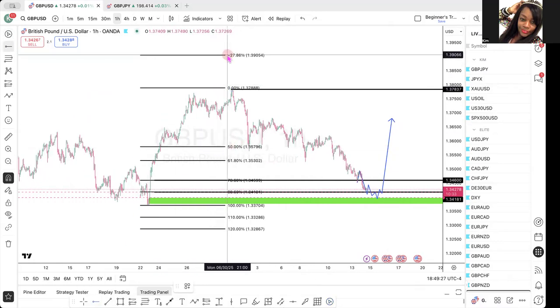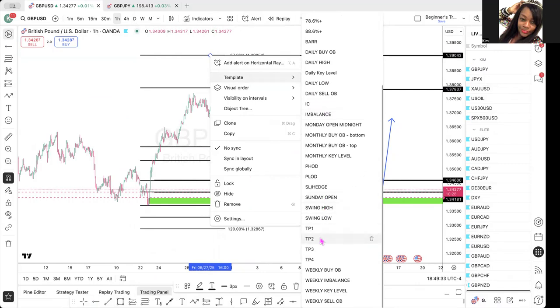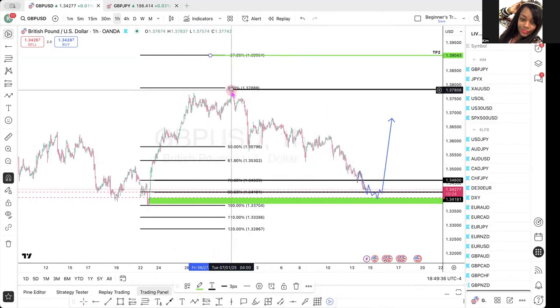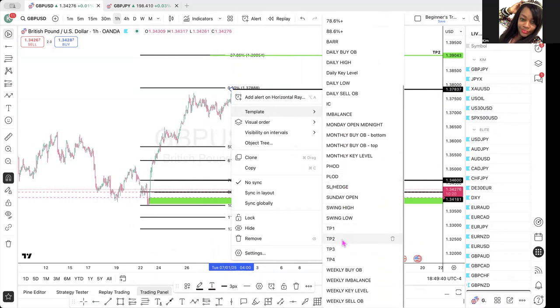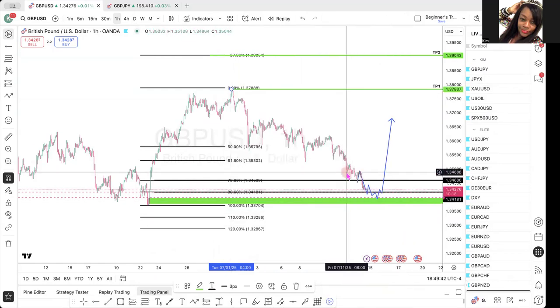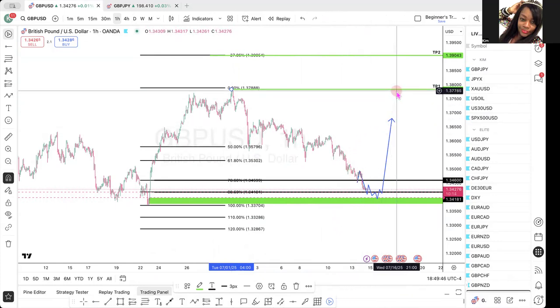Your second TP would be the negative 27. So this would be TP2. Okay. This would be TP1. I am not a person who takes partials. So usually at TP1 is when I take all of my profits.